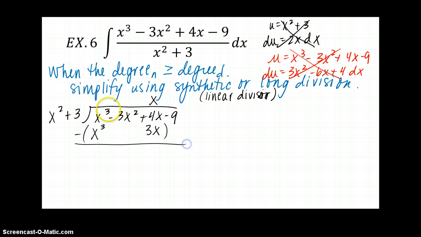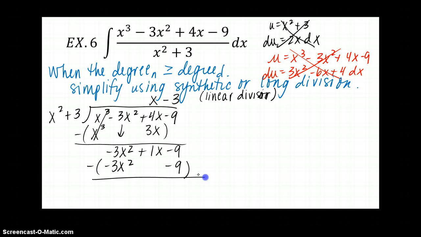Subtract the terms. They cancel. I have to bring down the negative 3x squared. 4x minus 3x gives me a positive x. Bring down the negative 1. Repeat the process. Negative 3x squared divided by x squared gives me a negative 3. Negative 3 times x squared is negative 3x squared. Negative 3 times 3 is a negative 9.